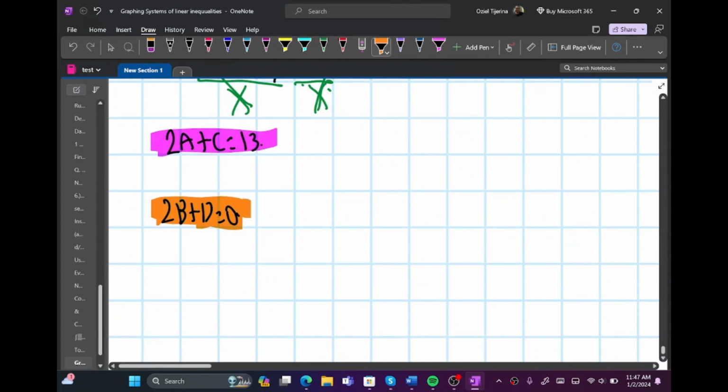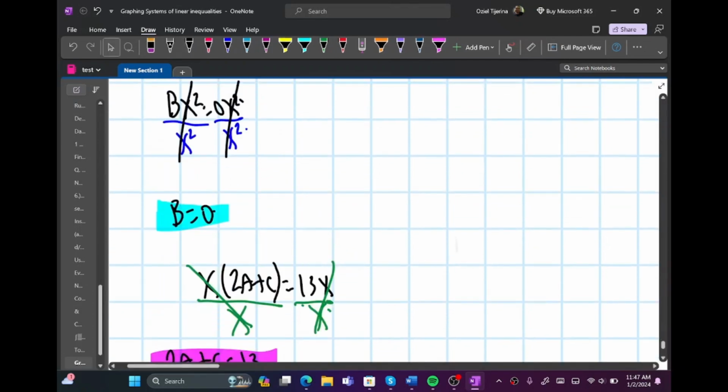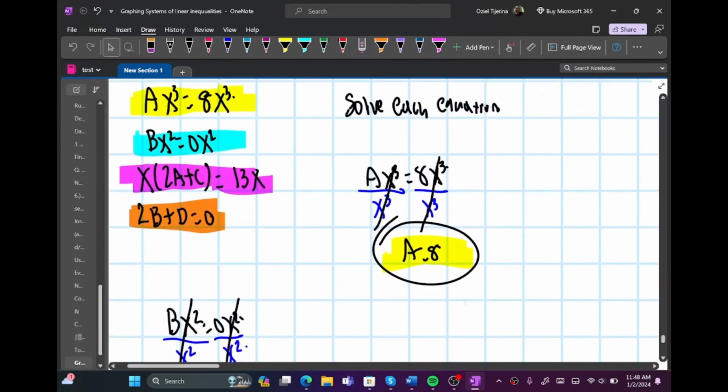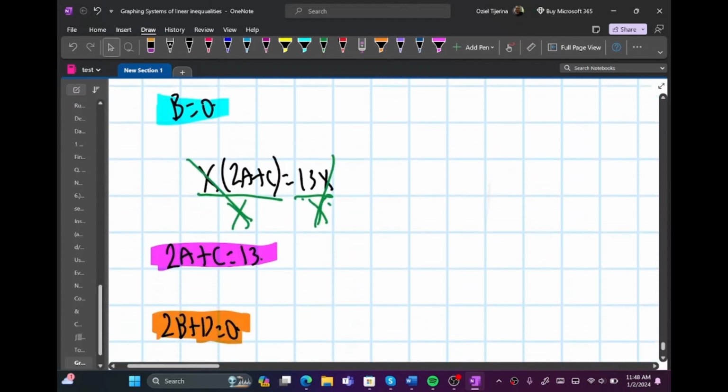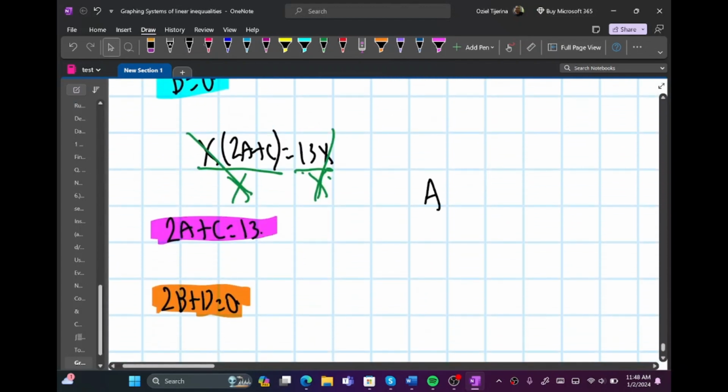Now our system of equations is going to be a equals 8, b equals 0, 2a plus c equals 13, and 2b plus d equals 0.